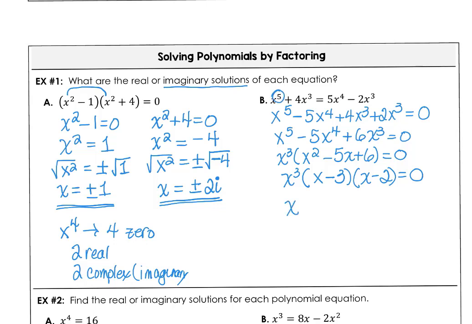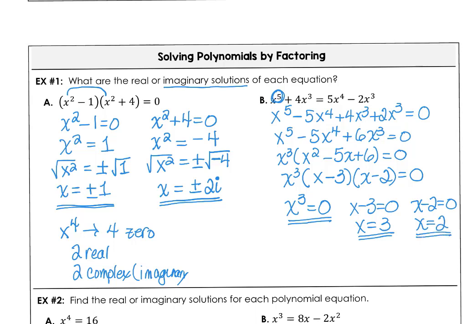Since our degree is power 5, 3 of the solutions are 0, so that's an odd multiplicity, multiplicity 3. And then we have a solution at x minus 3 equals 0, so 3 is a root or a solution. And then x minus 2 equals 0, which gives us 2 as a solution.